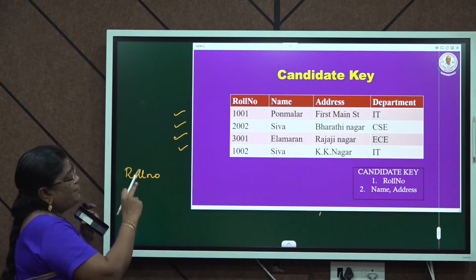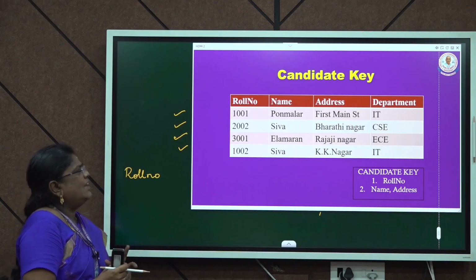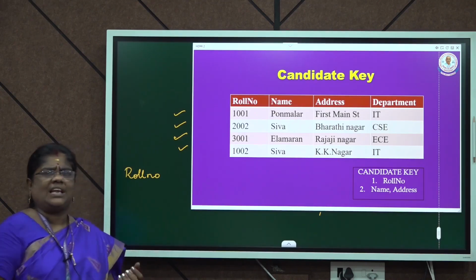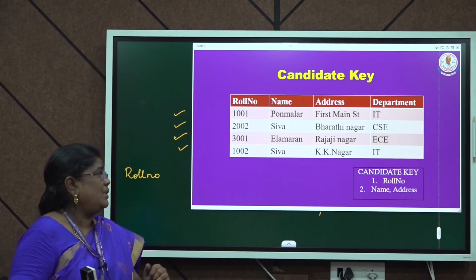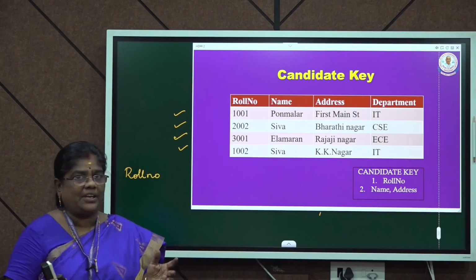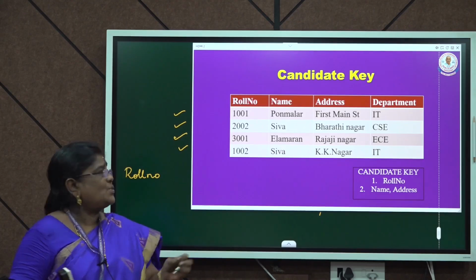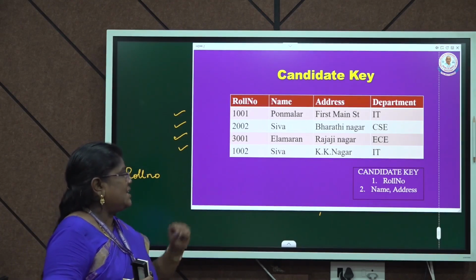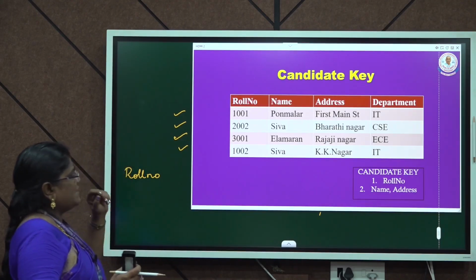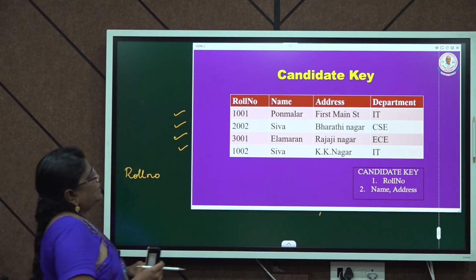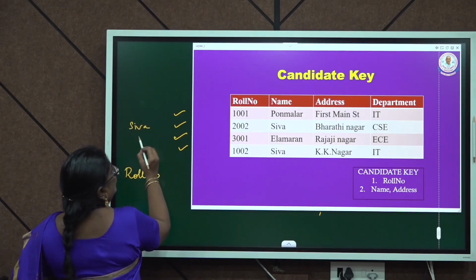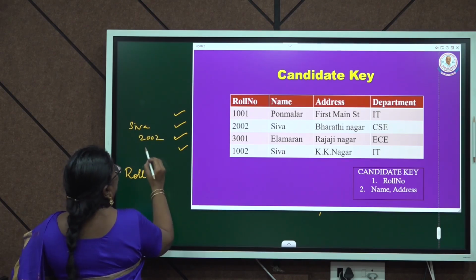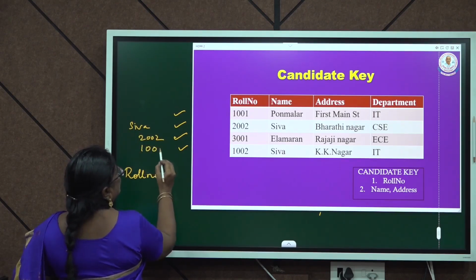And if you observe one thing, it already happens in many classes or even among people in a group, the same name may be repeated for more than one person. So, I have taken one such example as Siva. There are 2 Sivas, one with roll number 2002, and what is the next one? 1002.